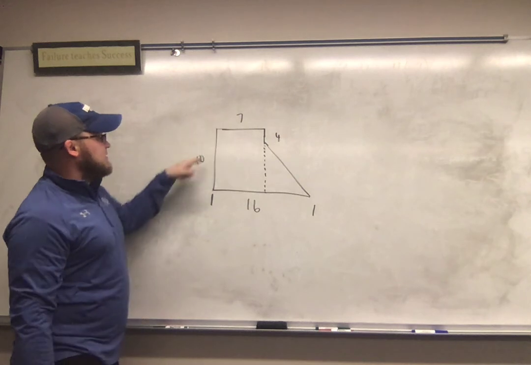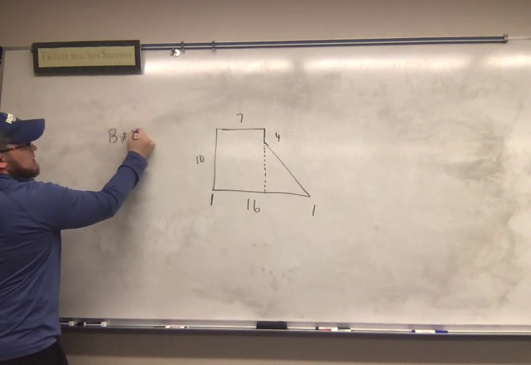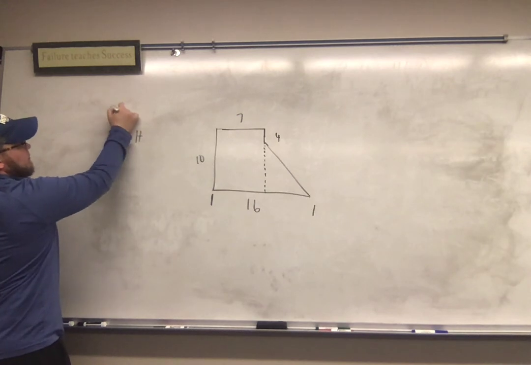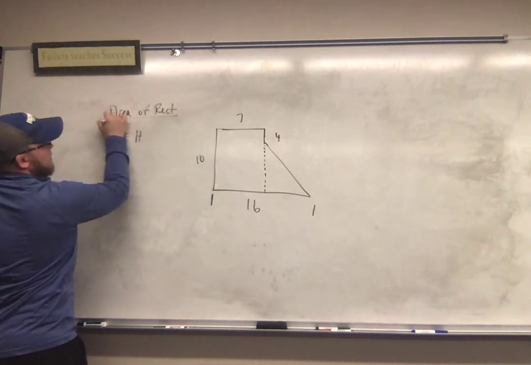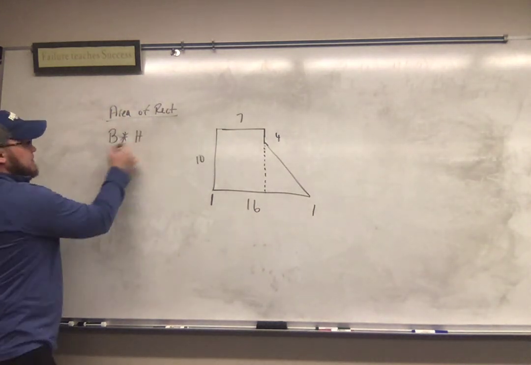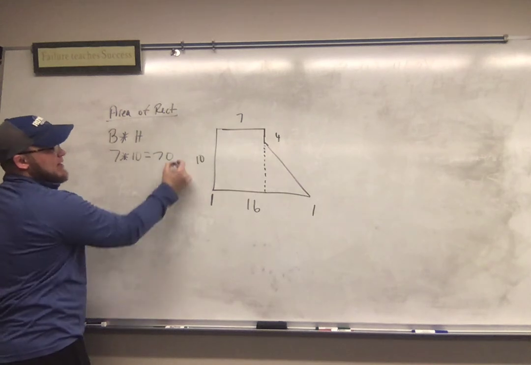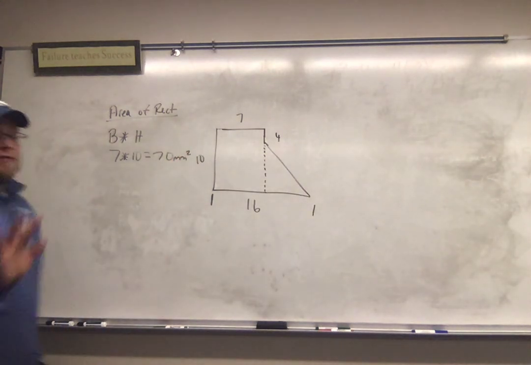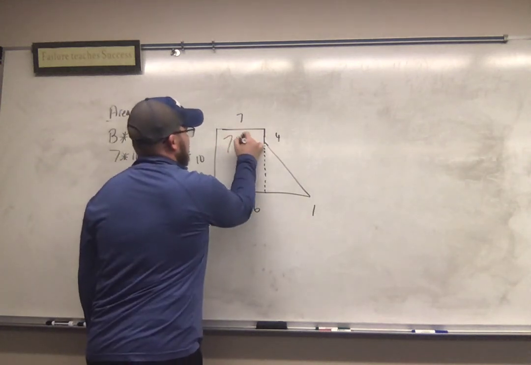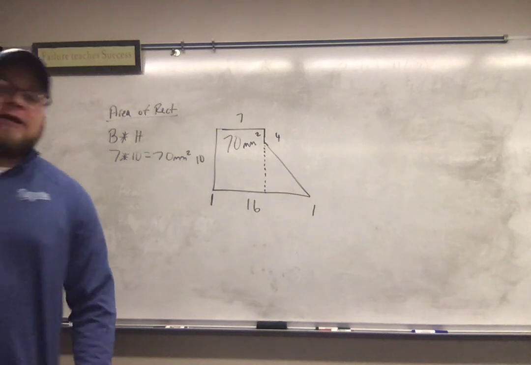So we're going to take 7 times 10, because the area of a rectangle is just base times height. That's 7 times 10, which equals 70 millimeters squared. That's just the rectangle, so I'm going to write 70 mm squared just inside the rectangle.